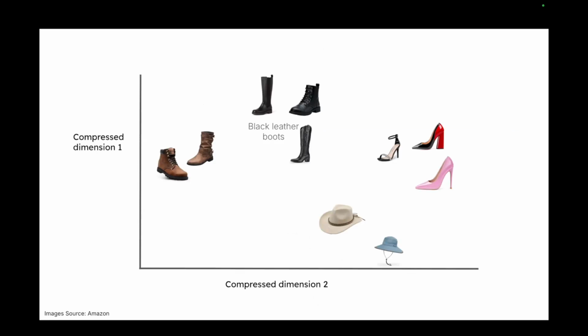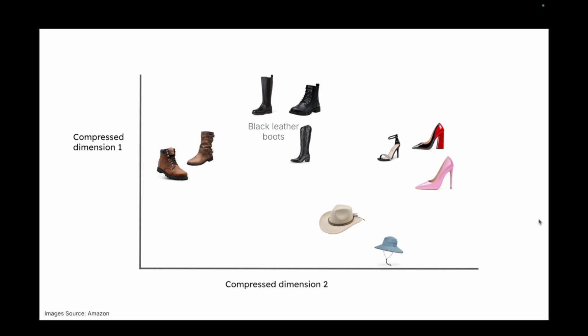What does this look like when we think about the semantic space and embedding space? Remember, our vector is really large, probably like 500-ish to 1,000 words long, but we're going to compress it down into 2 dimensions so we can actually visualize it here. And so we have the concept of black leather boots. This is a word concept, and all of these black leather boots are going to be surrounding that user query, right?